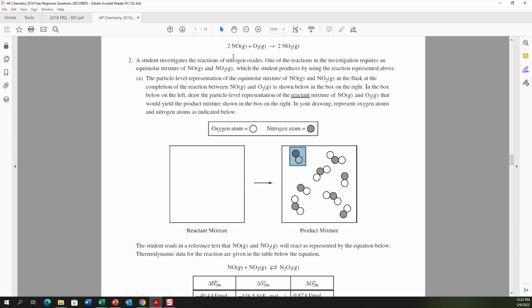And if 4 of these react, 4 times 1 over 2, that means you need 2 oxygen molecules. So to cause 4 of these to react, you need 2 oxygen molecules. So our reactant mixture should have 2 O2 molecules and 8 NO molecules, right?